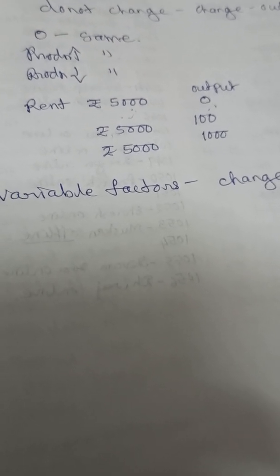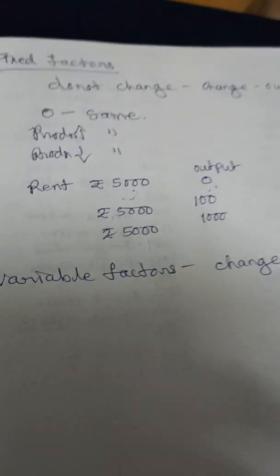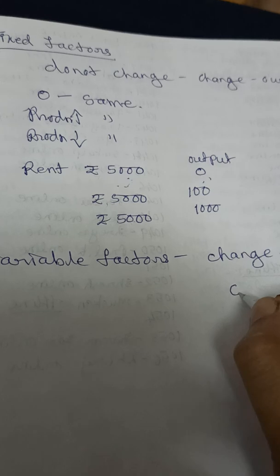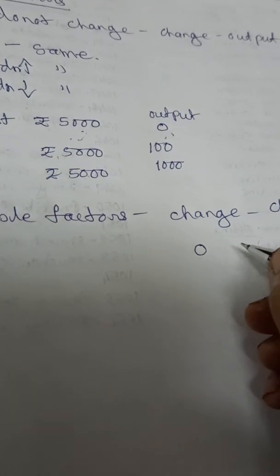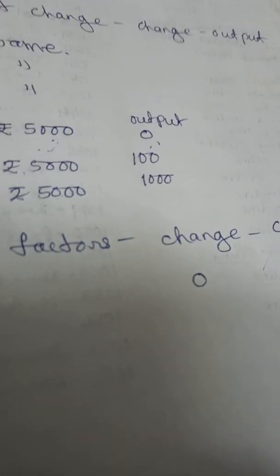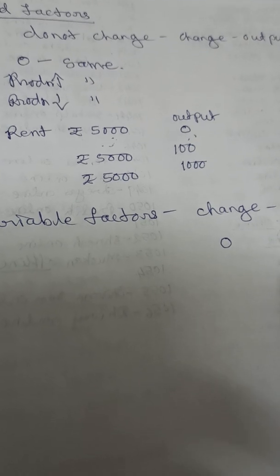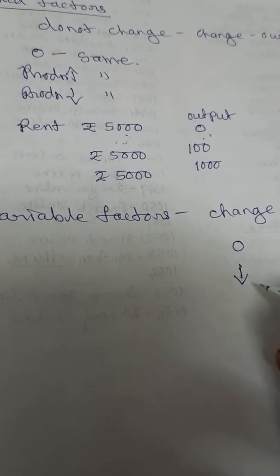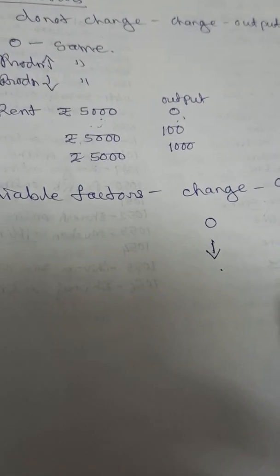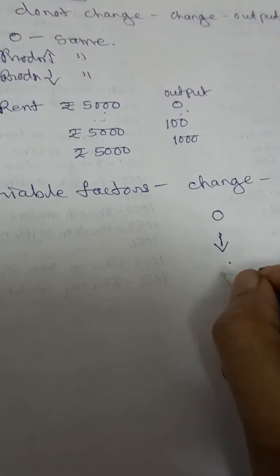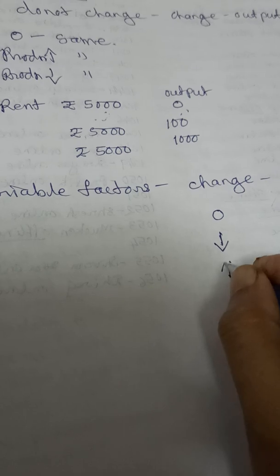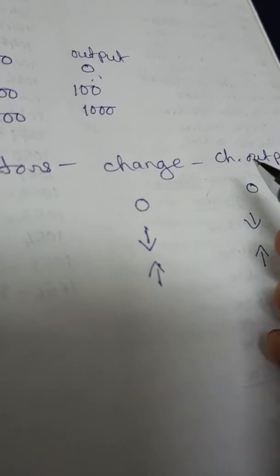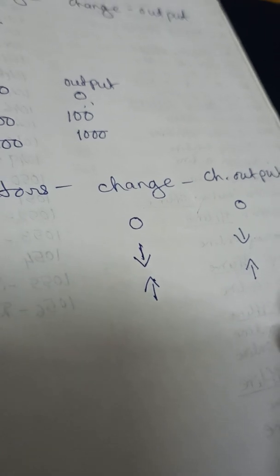When the output is 0, the quantity of this factor also will be 0. When the output is less, the volume of this factor also will be less. When the output is more, the quantity of variable factor also increases. It changes as per the change in the output.